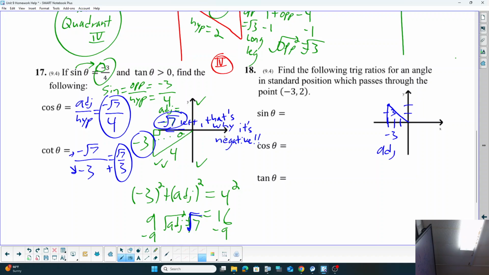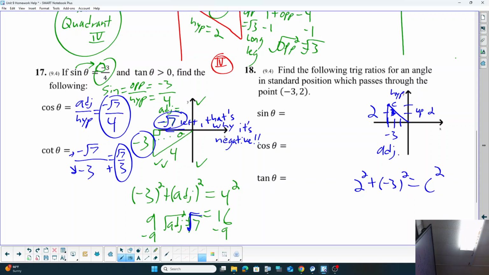Awesome. And then we're going up 2. So left 3, up 2. And that means we can find the hypotenuse. So 2 squared plus negative 3 squared is equal to the hypotenuse squared. Call it c.